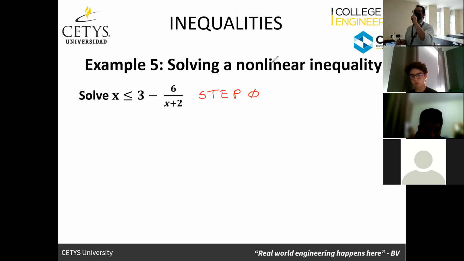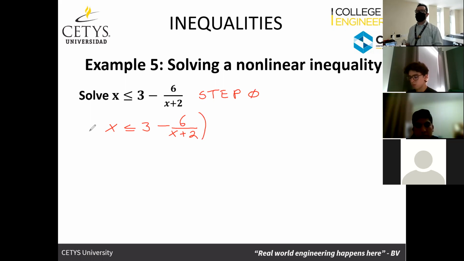This is something we cannot do. I'm gonna write it down here in red, and then I'm gonna erase it. So this is the inequality. This procedure that I'm going to do right now is a procedure that is incorrect, and I'm going to explain why in a moment.